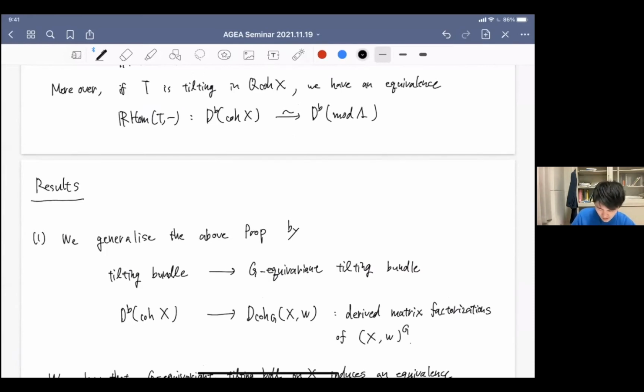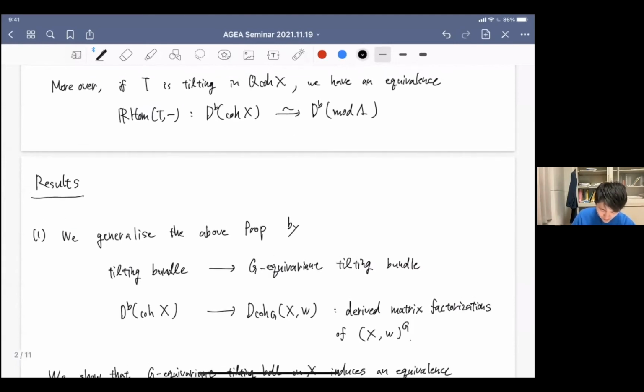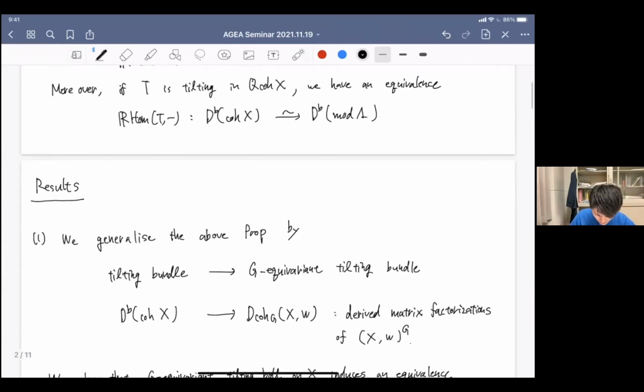And here G is some algebraic group acting on X, and also by generalizing the bounded derived category of coherent sheaves on X to derived matrix factorizations of (X, W, G).